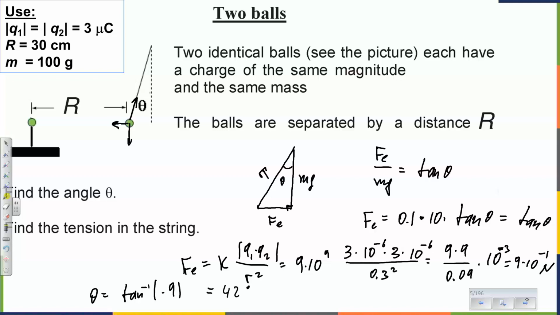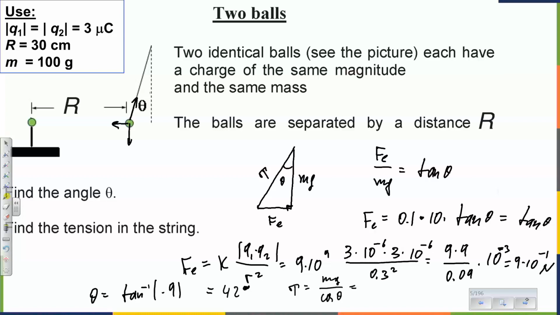And now, of course, we can apply, let's say, sine or cosine relationship to calculate the tension in the string, because since we know the angle, tension will be equal to, for example, force of gravity divided by cosine of this angle. That's it.